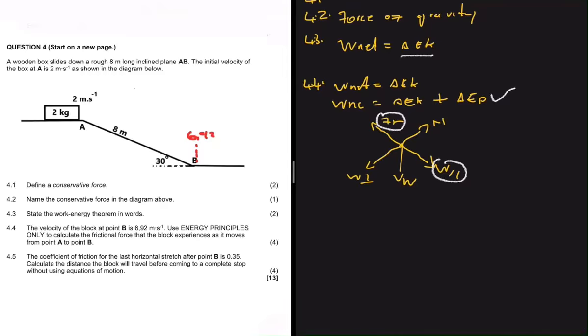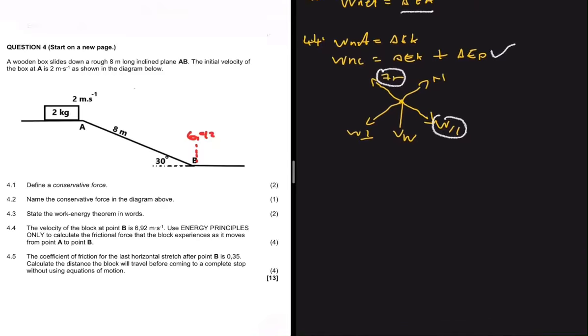So I'm going to have frictional force multiplied by delta x multiplied by cos of theta, which is supposed to be equal to the change in EK plus the change in EP.